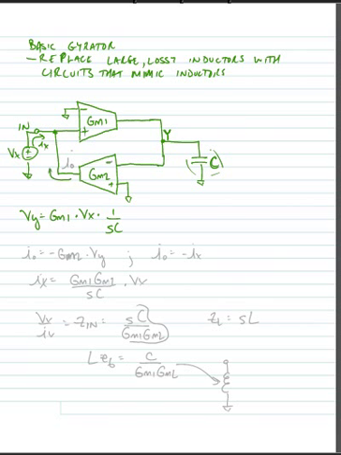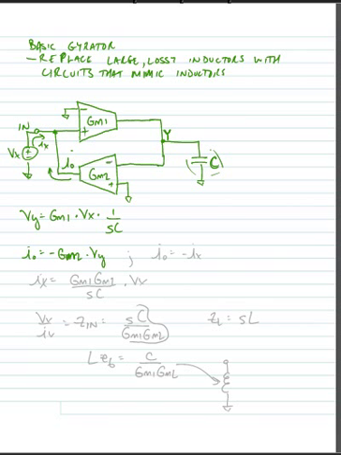Now if we measure the current coming from the GM2 device, and we will call this current IO, we could say that IO is equal to minus GM2 times Vy.